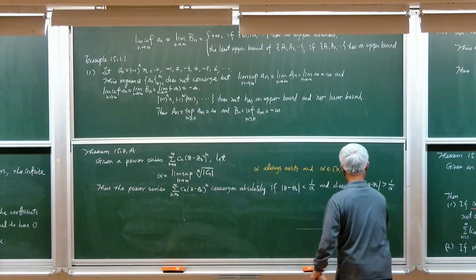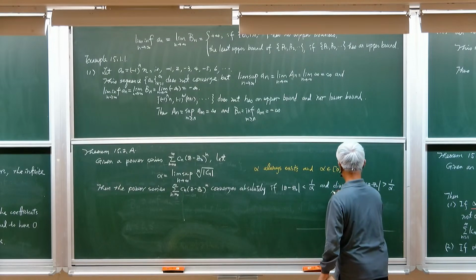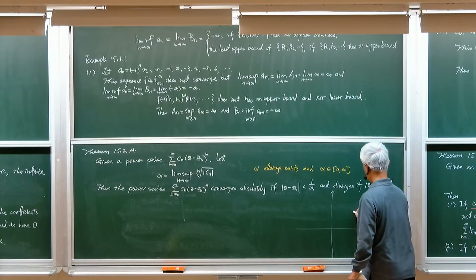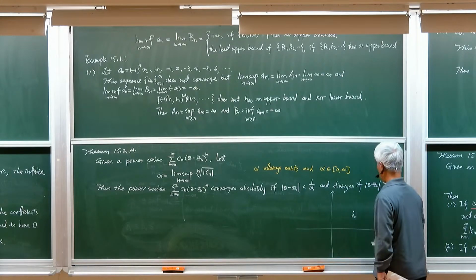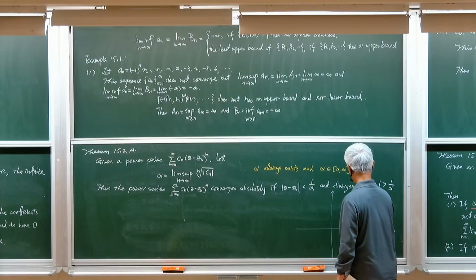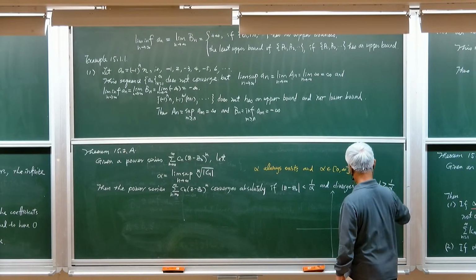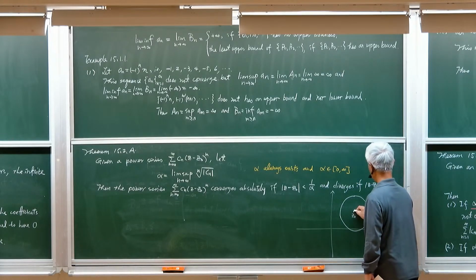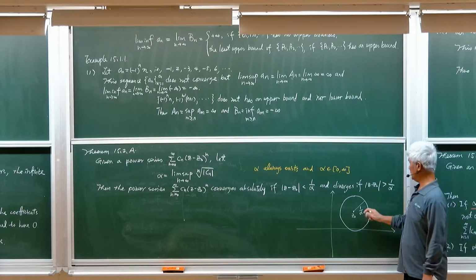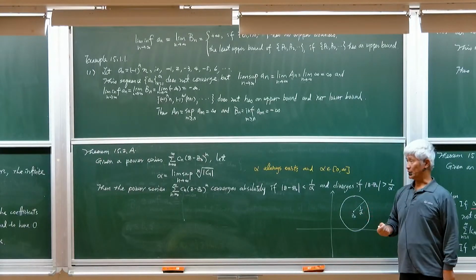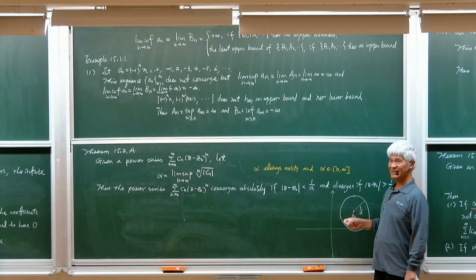Okay, so let's see in the complex plane, this is z0, and then we find a circle, and the radius here is 1 over alpha. Of course, if alpha is 0, then the radius is infinite.